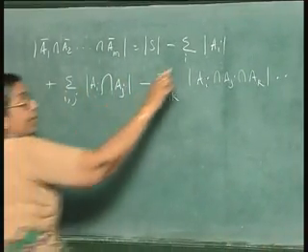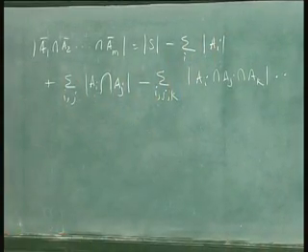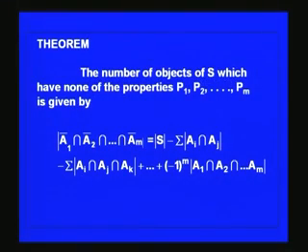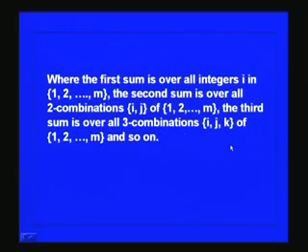There is one term missing here; the general term will be minus 1 power m, A1 intersection A2 intersection Am.